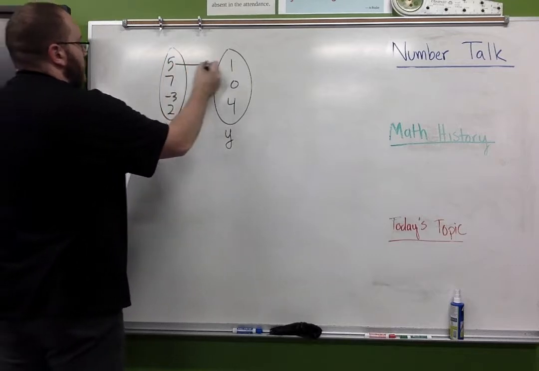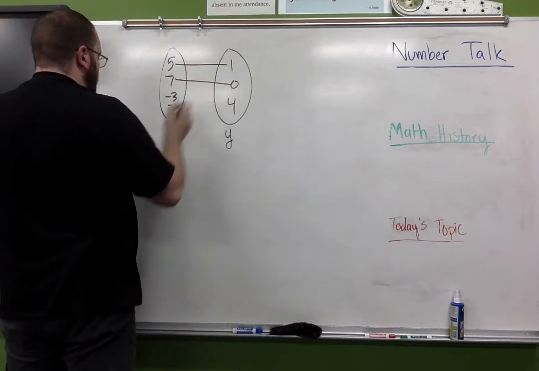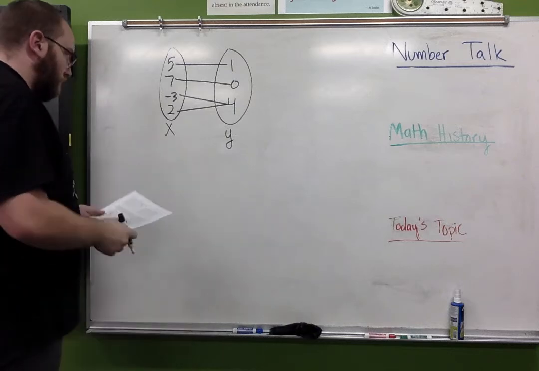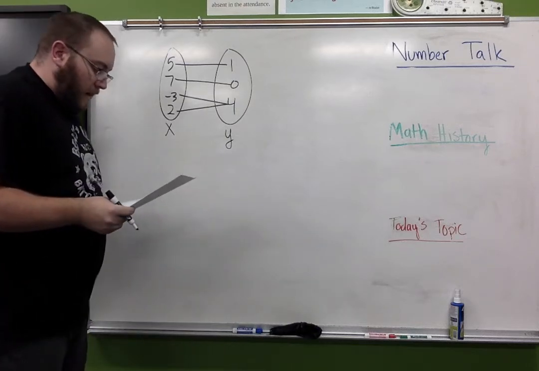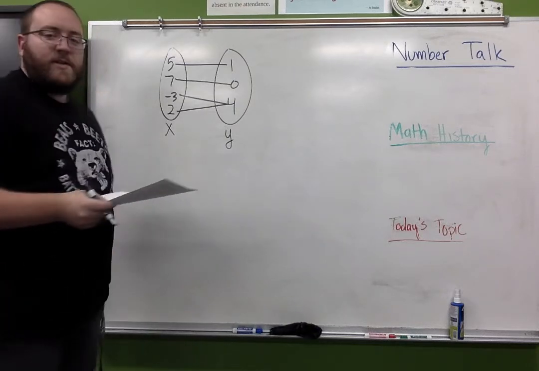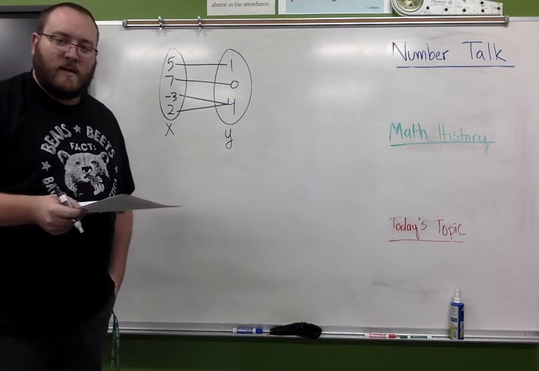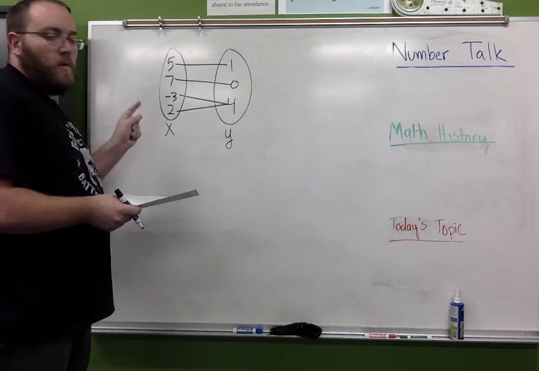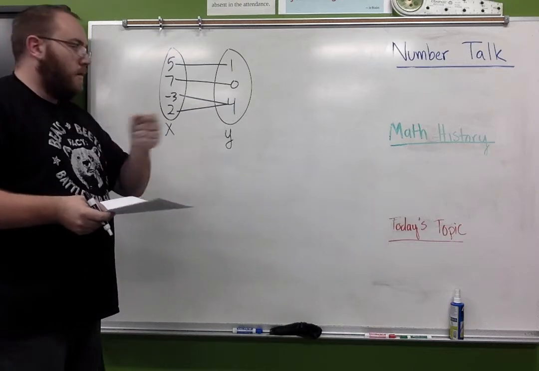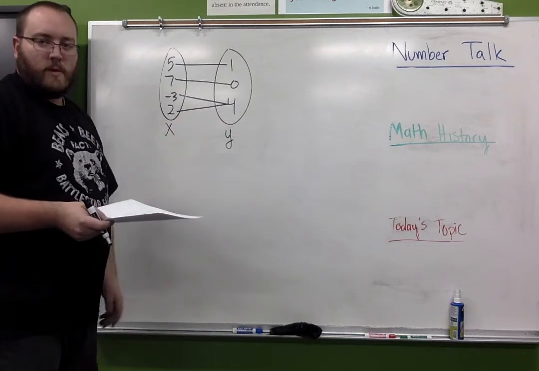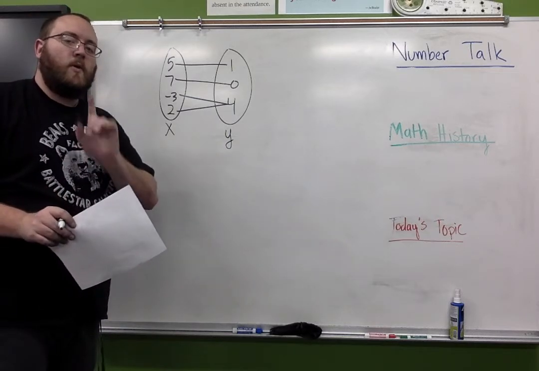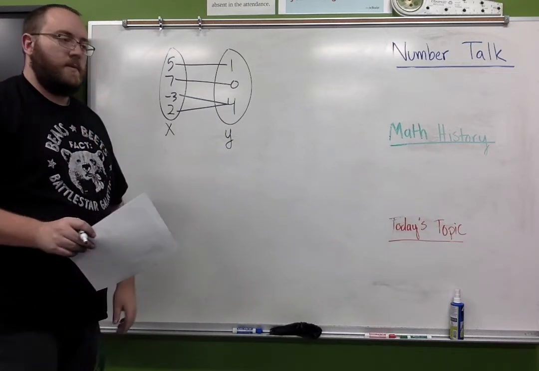Okay, and then we have some lines here, and here. So the definition of a function, just to remind you, is every x value has only one y value that corresponds with it. So every x value has one and only one y value that it corresponds to.